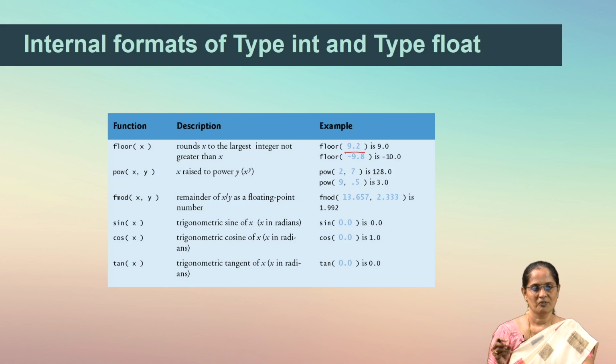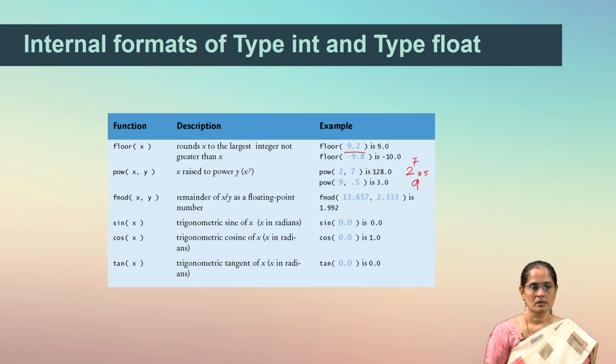POW is a function which will help us find the power of two given numbers, that is 2 power 7. If I want to find 2 power 7, 2 and 7 should be given as input for the function POW, and POW of 9 comma 0.5 will allow us to find the value 9 power 0.5, which is again a square root.